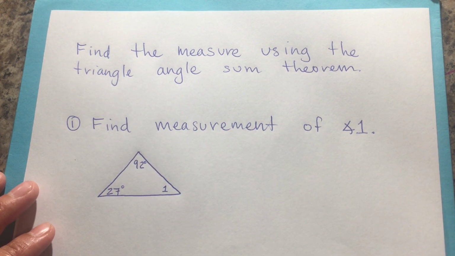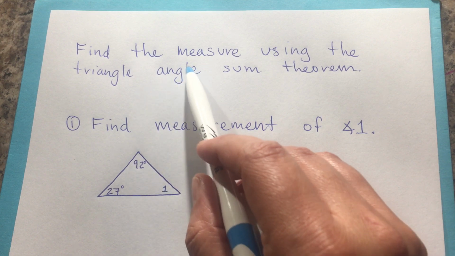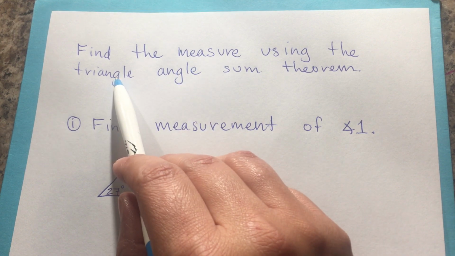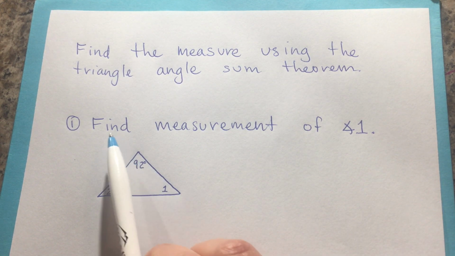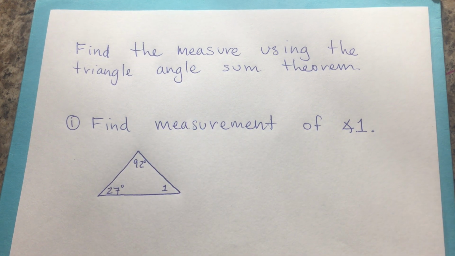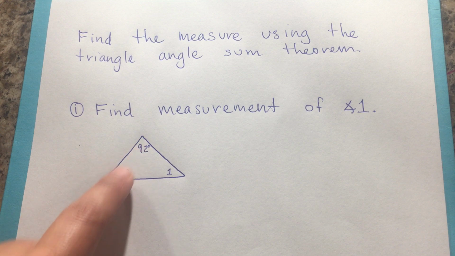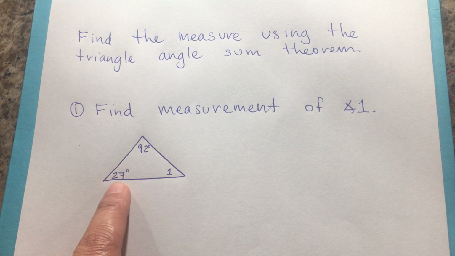So now that you watched the video already, you learned that the three angles in a triangle will always add to 180 degrees. And so in here it says find the measurement of angle 1. Since you have three angles in here, one of them measures 92 degrees, the other one measures 27 degrees.